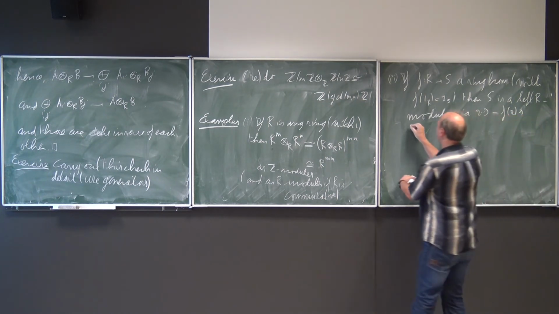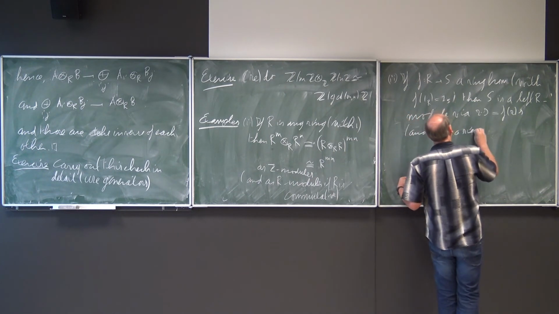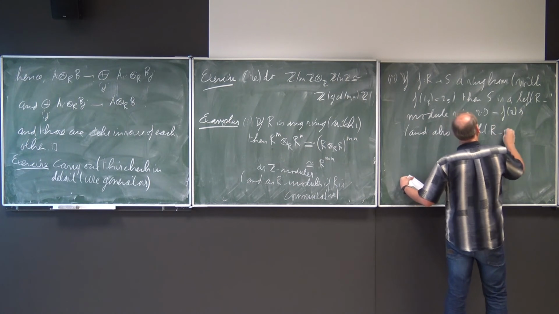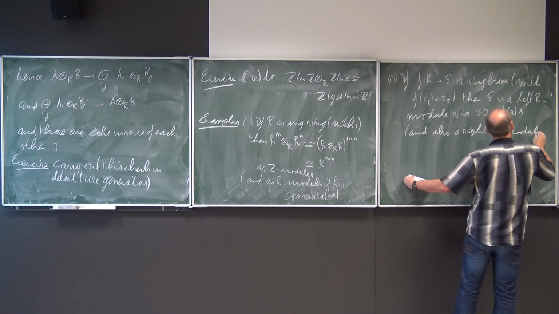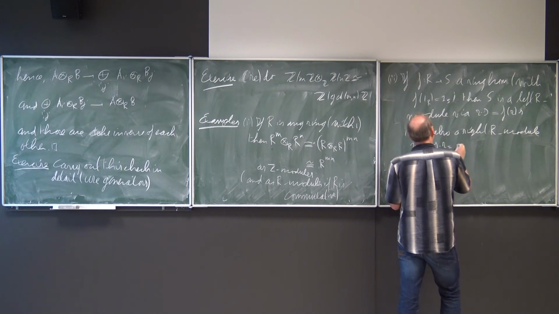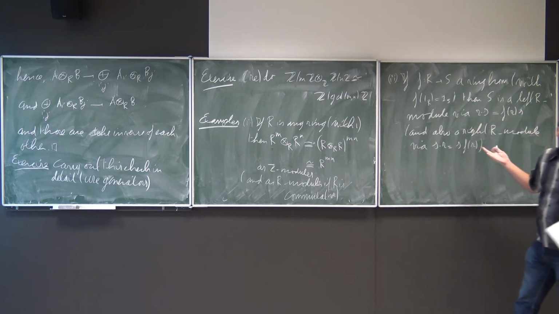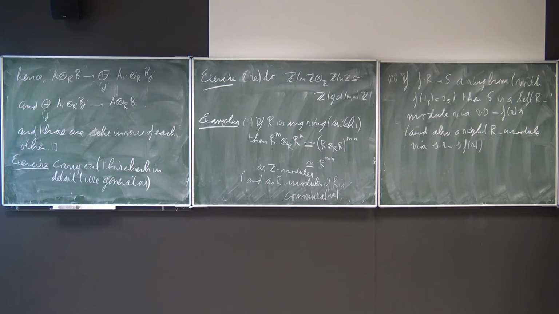And it is also a right R module. Do the same thing on the right: S times R is S times F of R. And those actions commute. In fact, S is now an R-R bimodule, if you want. Anyway, you can say it's either left or right.